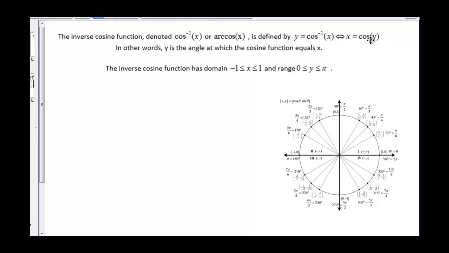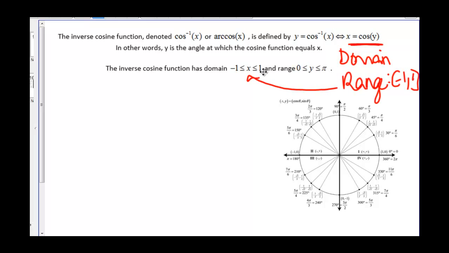In other words, y is the angle at which the cosine function equals x. So the inverse cosine function has domain negative 1 to 1 because our original function has domain and range. Remember that the range of cosine is negative 1 to 1, so that becomes the domain of my inverse function. And then we restricted our domain to 0 to pi, so that becomes the range of my inverse function.